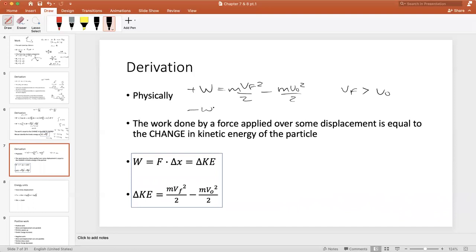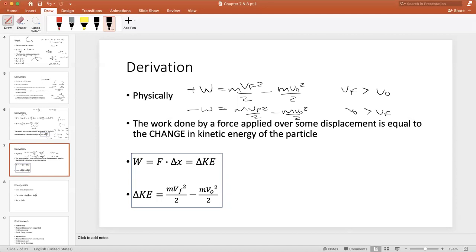And if we apply negative work, then that means the opposite. In order to have negative work, v initial has to be greater than v final. And that's pretty obvious. So a force that's applied opposite the motion slows the object down. A force that's applied in the same direction speeds the object up.